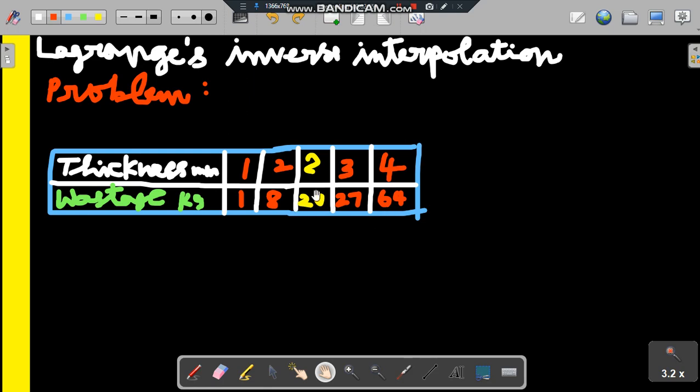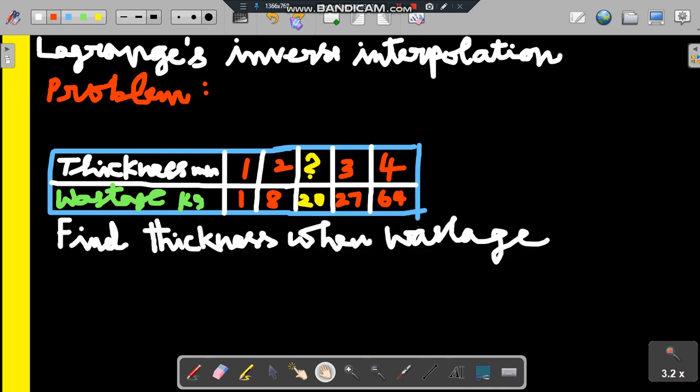But the question is, if the wastage is 20 kilograms, what would be the thickness? Find the thickness when the wastage is 20 kilograms. What would be the corresponding thickness of the scale?